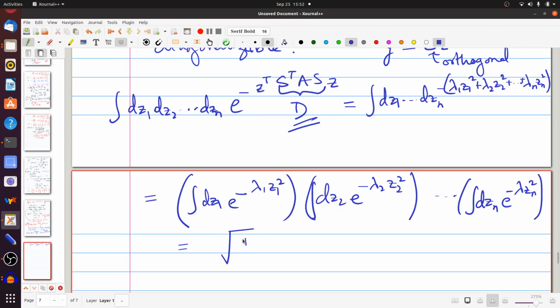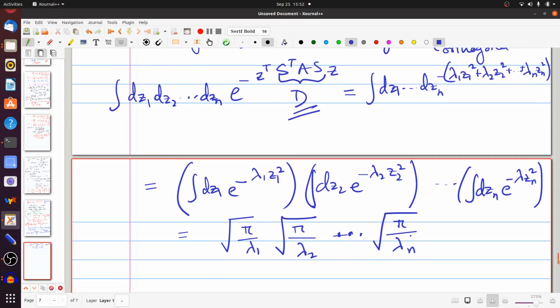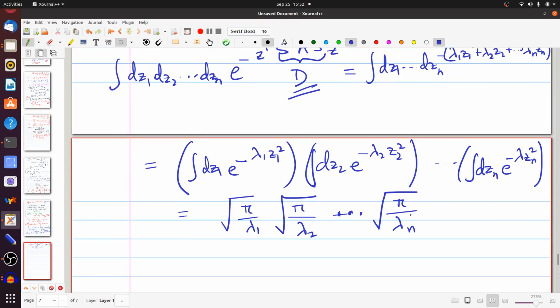This one is root over pi by lambda 1, this one is root over pi by lambda 2, and so on, and this is root over pi by lambda n. Of course, what is critically important here is that we are assuming that all the eigenvalues are non-zero. In fact, we are actually assuming that all of them are positive.